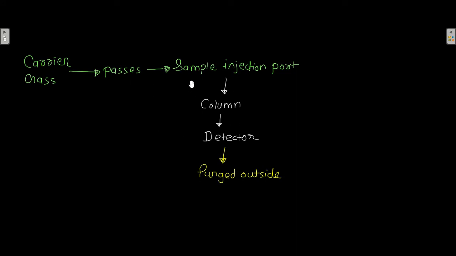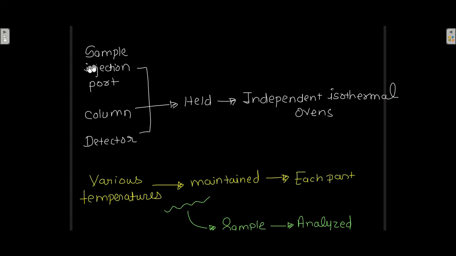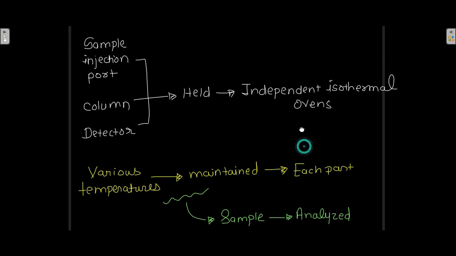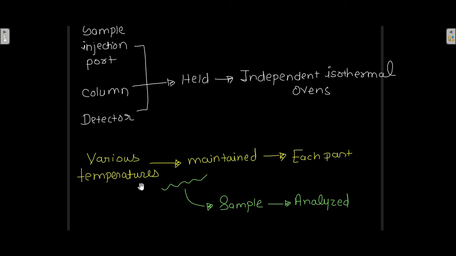Now this sample injection port, column and detector, these three things are held in independent isothermal ovens, and the temperature maintained in each part during gas chromatography depends upon the sample which is being analyzed. According to the requirement of the experiment, you maintain the temperature of the gas chromatography setup.